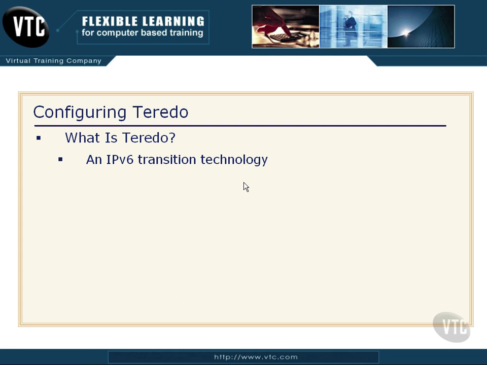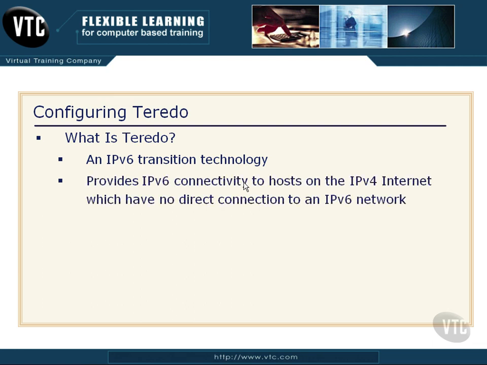Just read up on it and familiarize yourself a little bit, and especially if words like Teredo and ISATAP are brand new concepts to you, go out and read about each one of these a bit on Microsoft's website, or on Wikipedia or something, and get it in your head what they are.